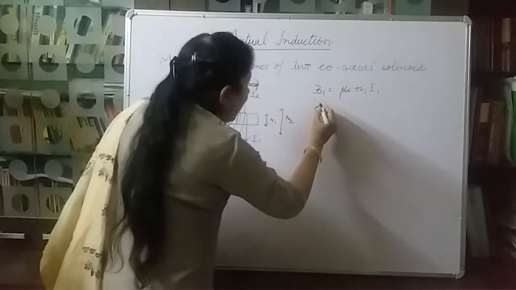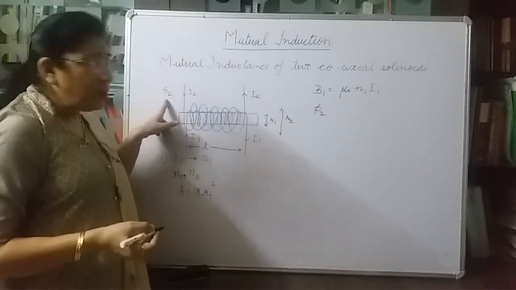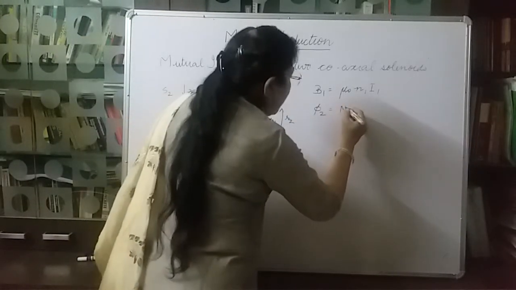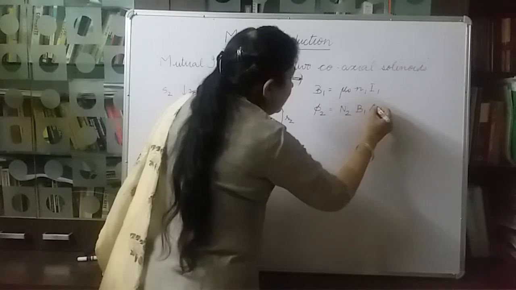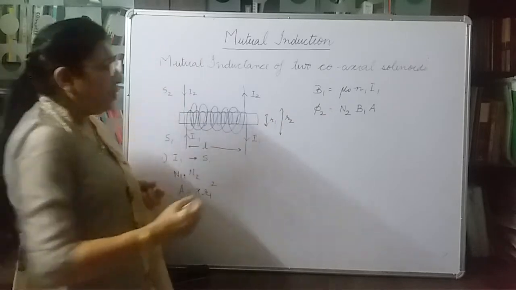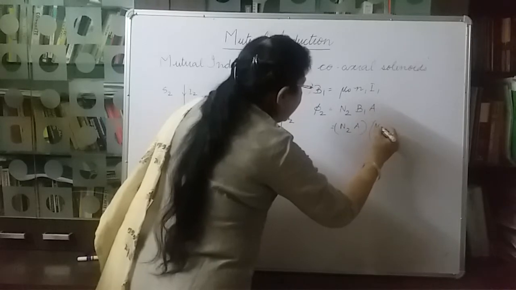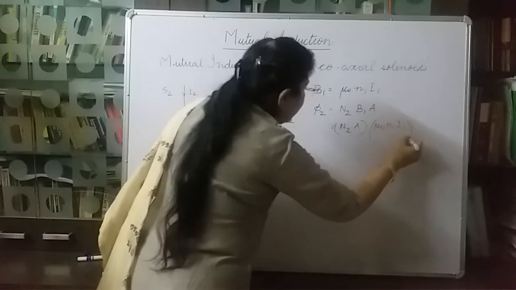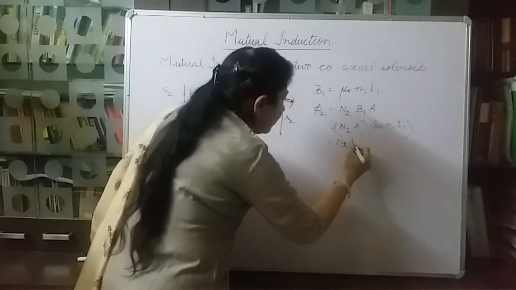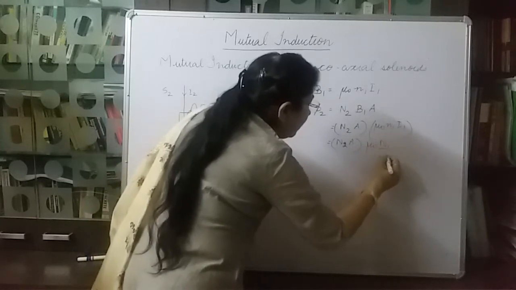And now the flux associated with the second coil due to the current flowing in the first solenoid would be N2, the number of turns in the second coil, into B1 into A. Writing this, we can write small n1 as capital N1 divided by L.